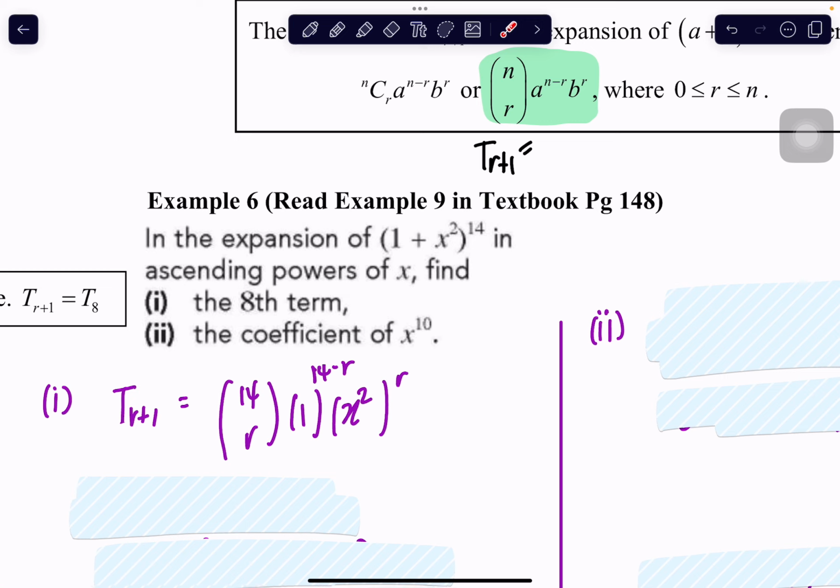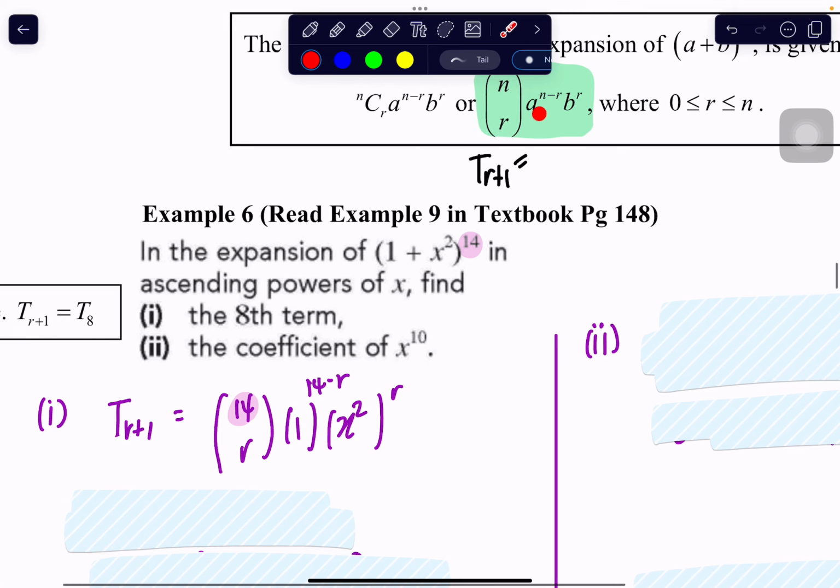In this case, 14 because the maximum power is 14. r is the unknown, which we will have to determine. Applying the formula, the first term raised to the power of n minus r, so 1 raised to the power of 14 minus r, and the second term raised to the power of r.